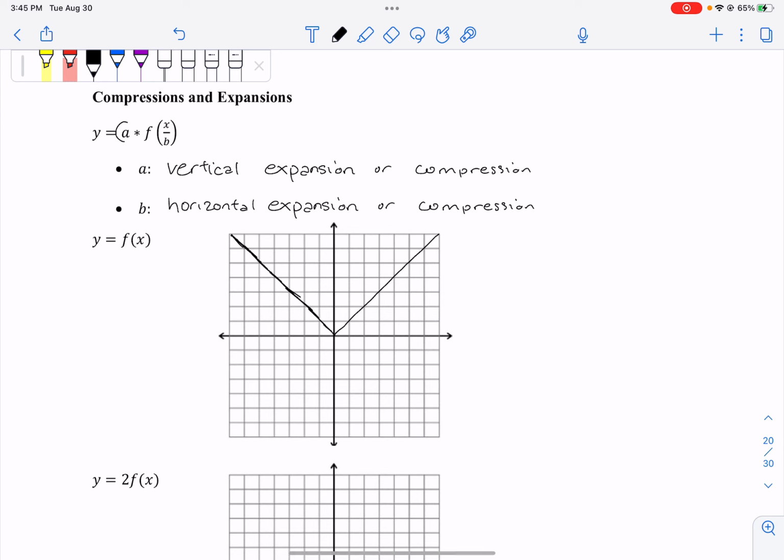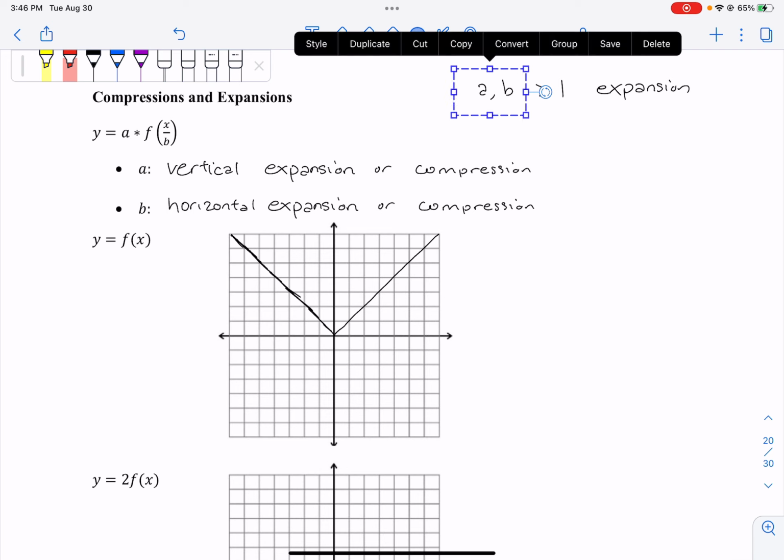Now, whatever is on the outside, all we have to do is just multiply. And same thing over here, whatever's under here, the b we just multiply. Now, for a and b, if they are bigger than 1, we call that an expansion. If they are less than 1, we just call that a compression.